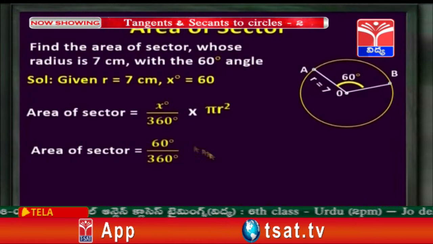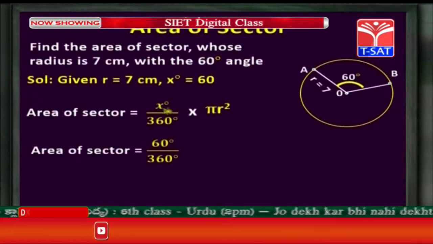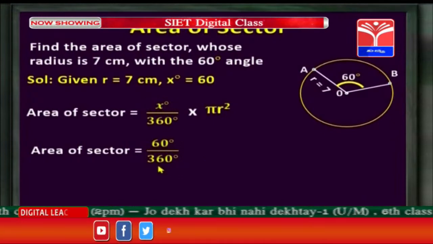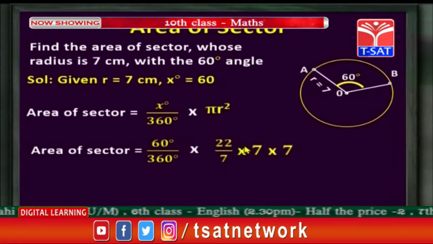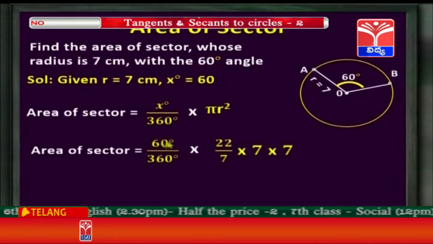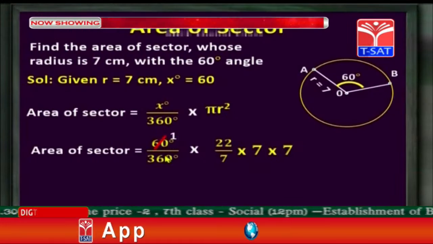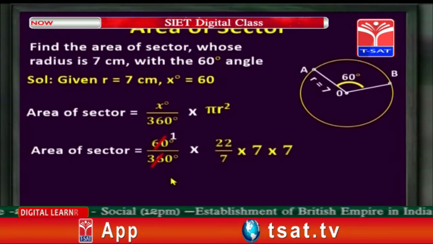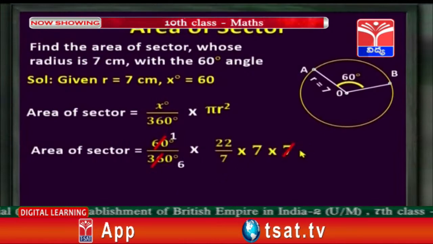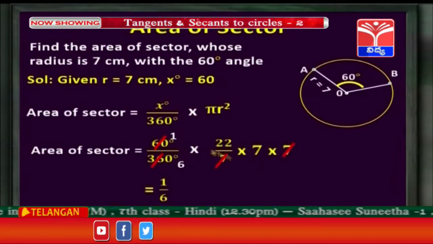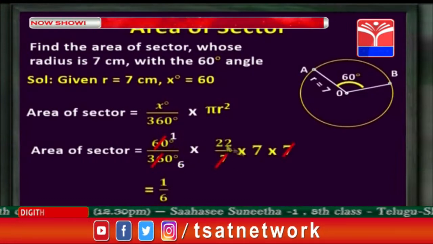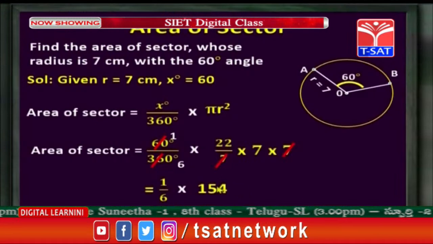Area of sector is equal to, substituting the values, x is 60 by 360 into pi, which is 22 by 7, r is 7, into 7. Now I can cancel: 60 ones are 60, 60 sixes are 360, also 7 ones are 7, 7 ones are 7. So I can multiply 22 into 7, 1 by 6 into 22 into 7 will be 154.